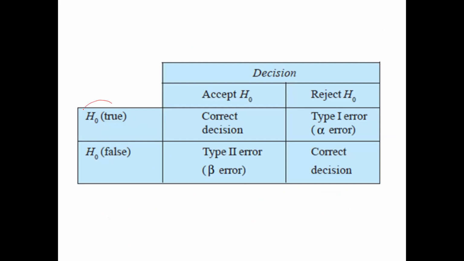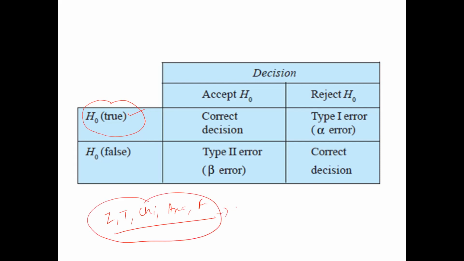When a null hypothesis becomes true, when you have applied tests like t-test, z-test, chi-square test, ANOVA, f-test, these tests, after applying these tests to your hypothetical statement, to your hypothesis, you come to the conclusion that your null hypothesis is true, and you are accepting this also.